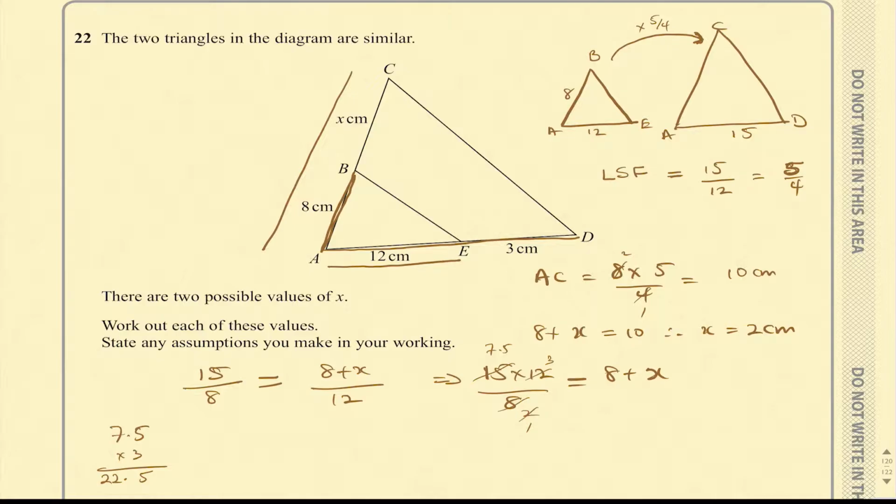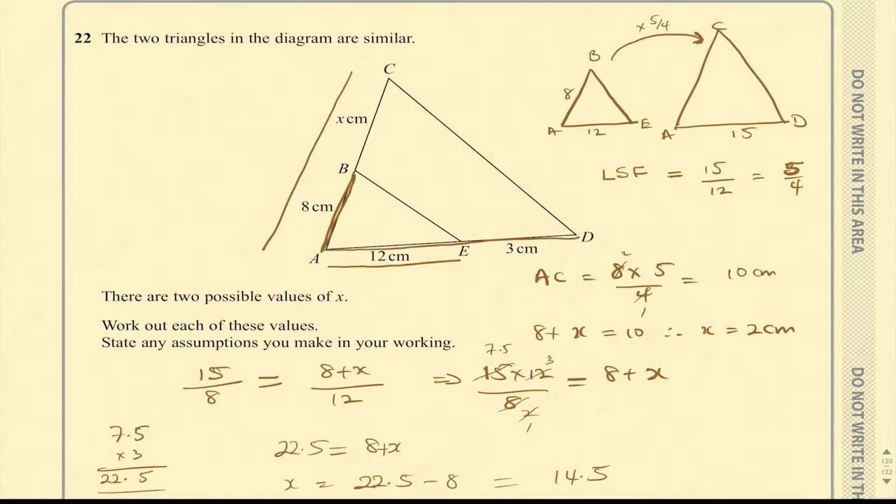So it's 22.5. Therefore we get 22.5 equals 8 plus x. Therefore, x would be 22.5 minus 8, which equals 14.5.